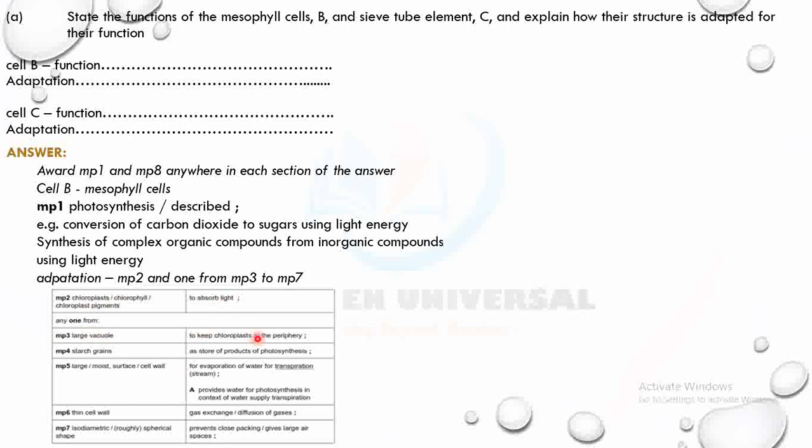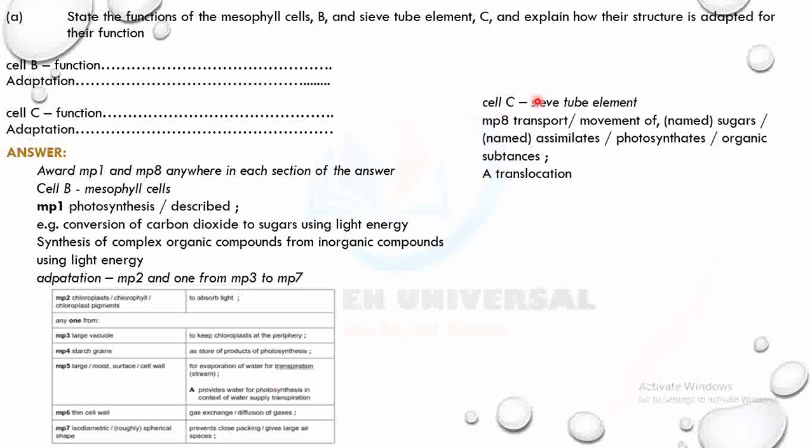A large vacuole keeps chloroplasts at the periphery to absorb more light. It has starch grains which store the product of photosynthesis. A large moist surface, from cell wall evaporation for transpiration, provides water for photosynthesis. A thin cell wall allows gas exchange.